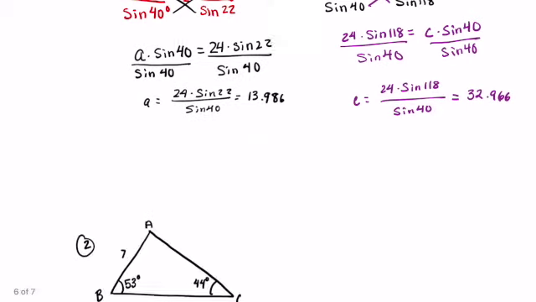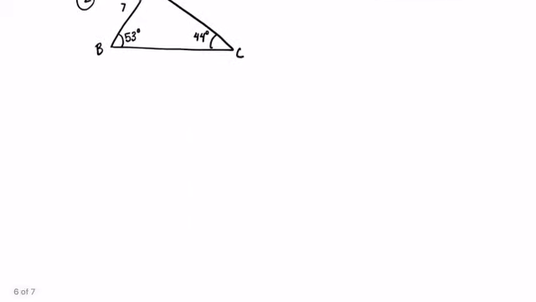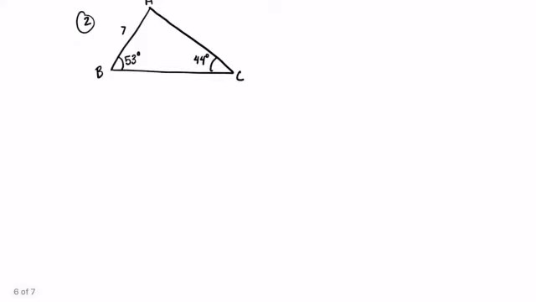So that's pretty easy. In example 2, we may see something where they ask us to just solve for side a. If that's the case, I know that a is always directly across from angle A, and all I need in order to solve this problem is the measurement of angle A. So again, we take 180, subtract 53, subtract 44.